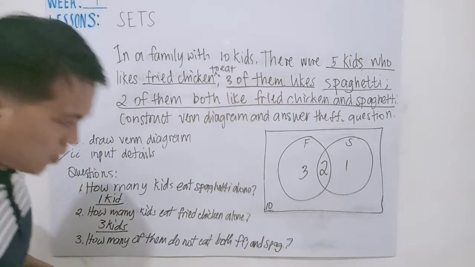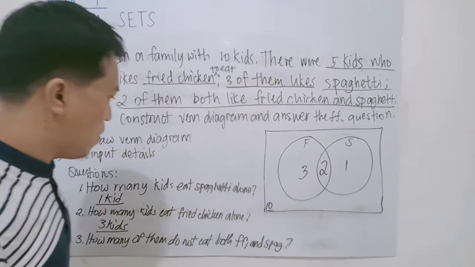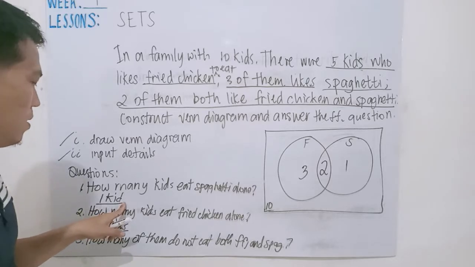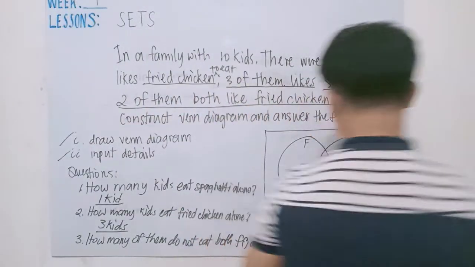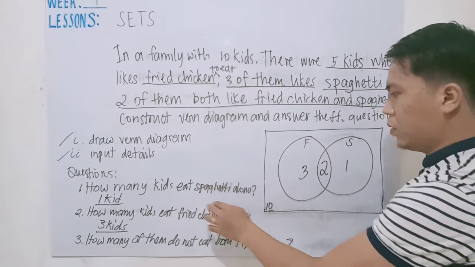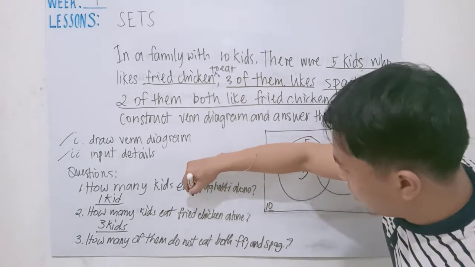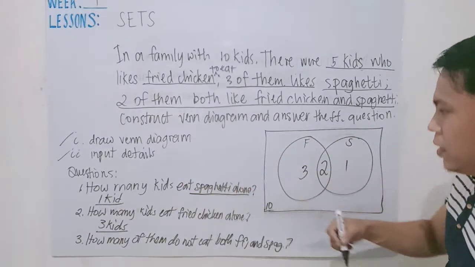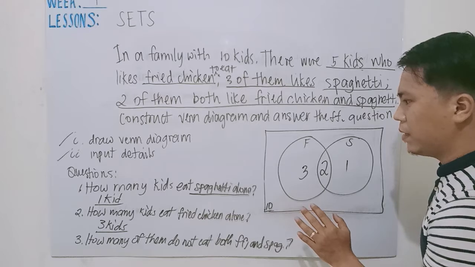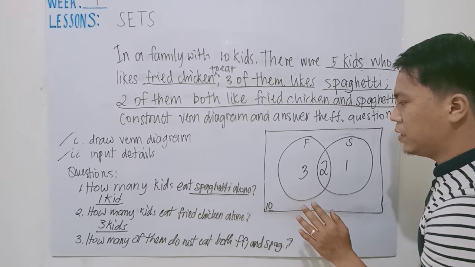Now, since we satisfy both the representations in the steps, we're now able to answer this part. So, why is it 1 kid? Since it is referring to spaghetti alone, in this part we're going to blank out the part of the fried chicken circle.